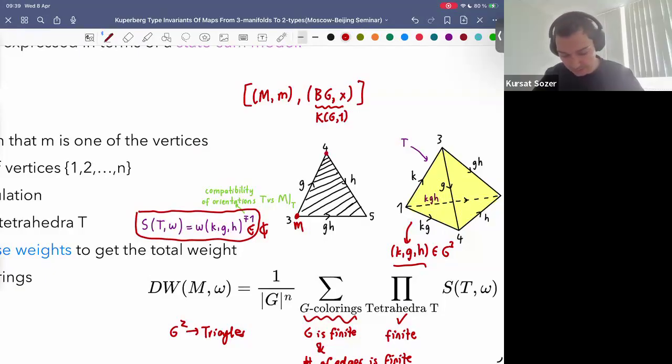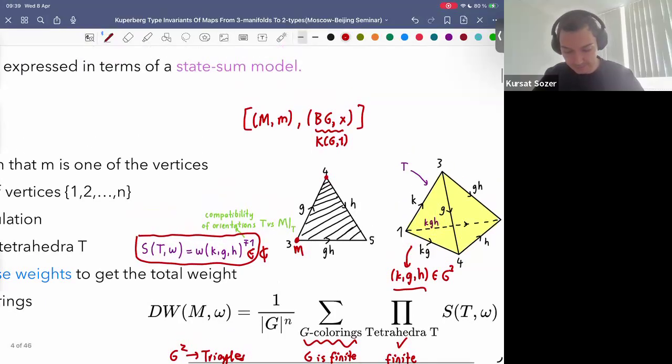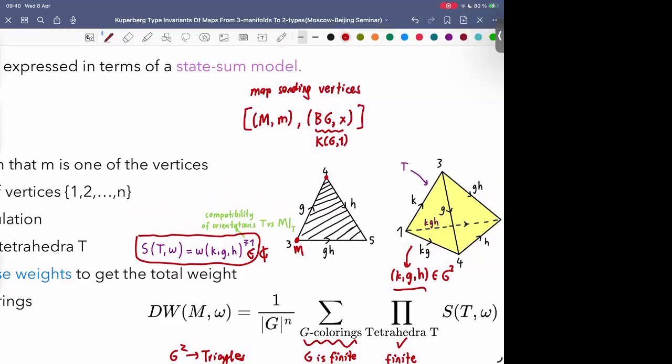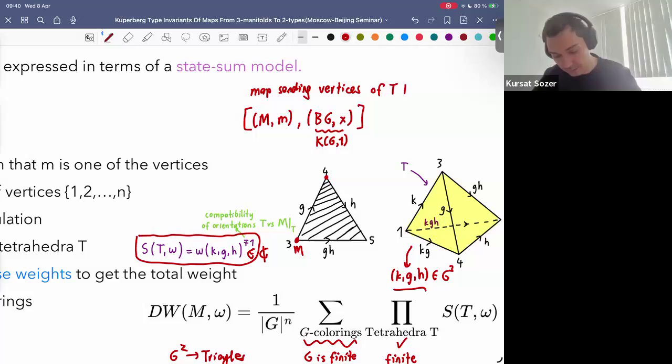Consider this as sending vertices of T to X, the base point of the classifying space. Then when you pick such a map, it gives a G coloring.